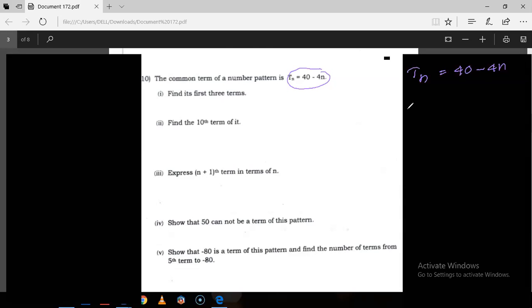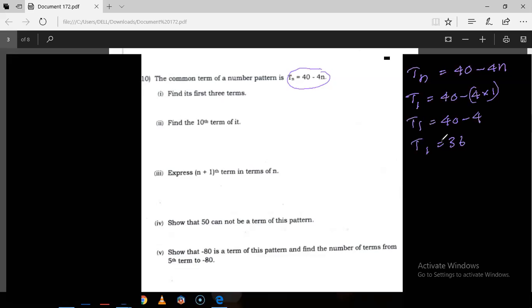For the first three terms, T1 equals 40 minus 4 into 1. Then T1 equals 40 minus 4. T1 equals 36.